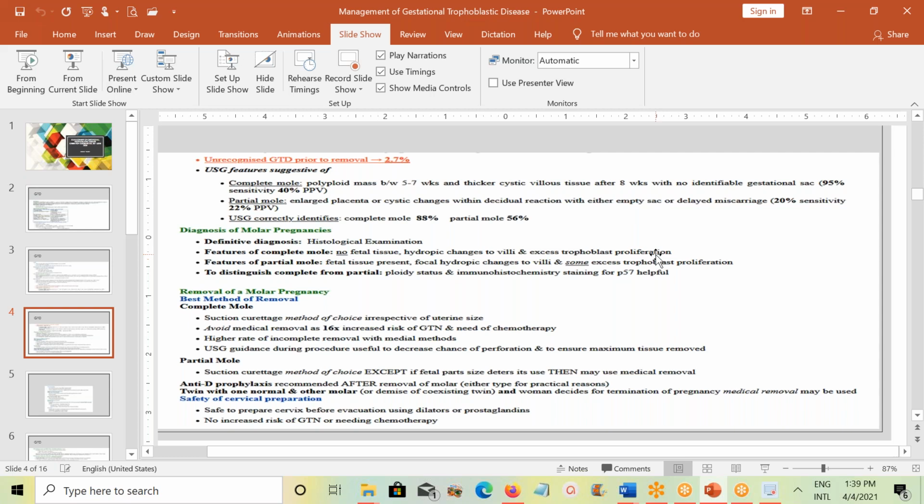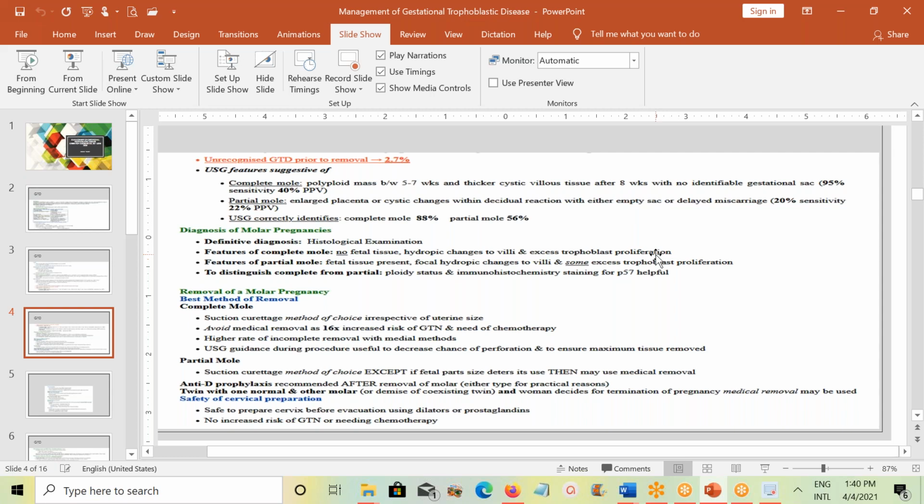Regarding the indication and timing of repeat surgical removal, it can be urgent, like when the patient has bleeding. In that case you will have to do it as an emergency procedure, so it can be repeated. Why? If the patient has heavy or persistent vaginal bleeding leading to acute hemodynamic instability, passing blood clots, and we don't do the repeat procedure, then she's going to die because of severe bleeding.